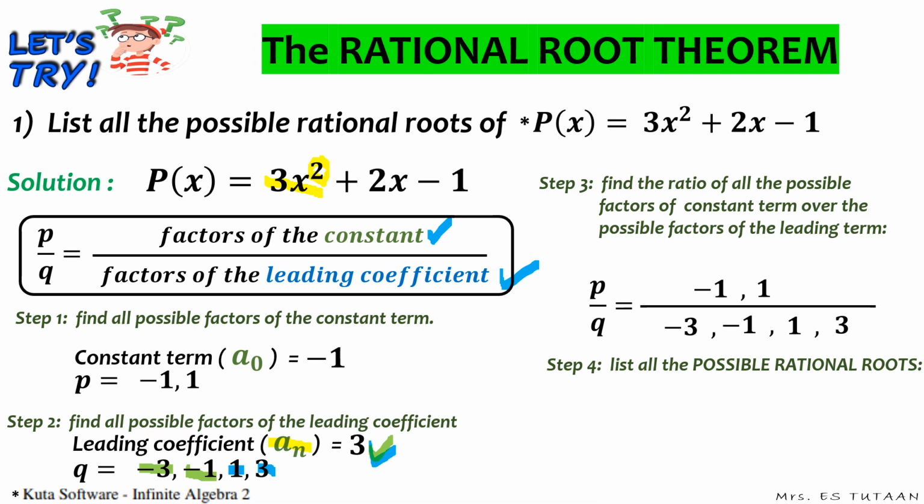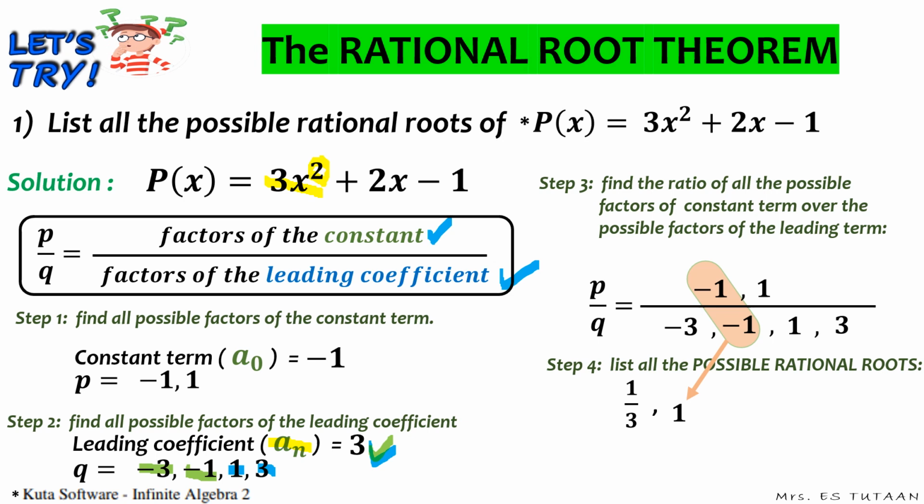Paano ba yan i-list down? We are going to simplify the ratio. Kung pag sinabi natin i-simplify, i-divide na natin. Kung possible na i-simplify siya using whole number, we will be doing so. Okay? So, una natin, negative 1 divided by negative 3 is positive 1/3.